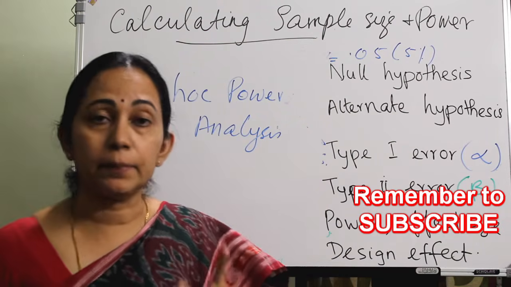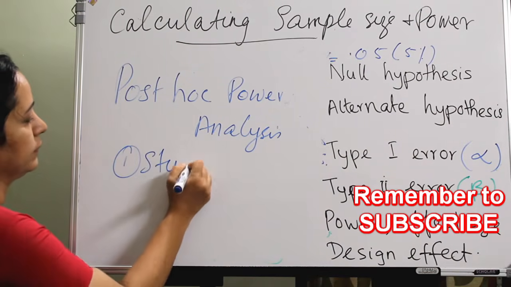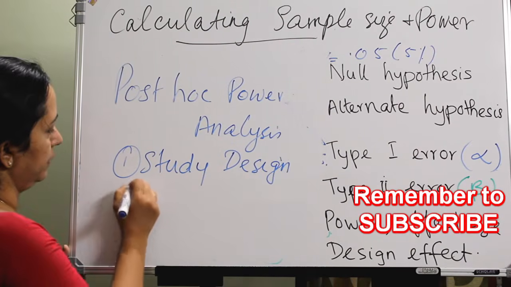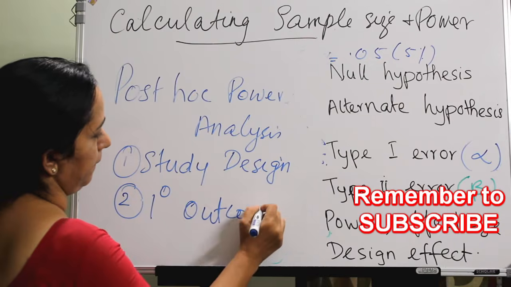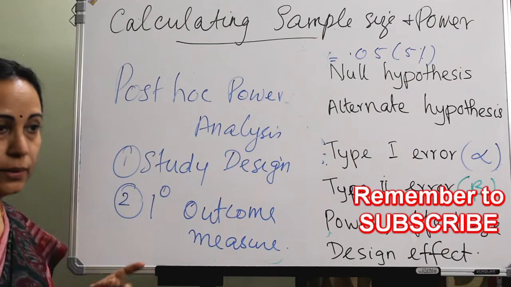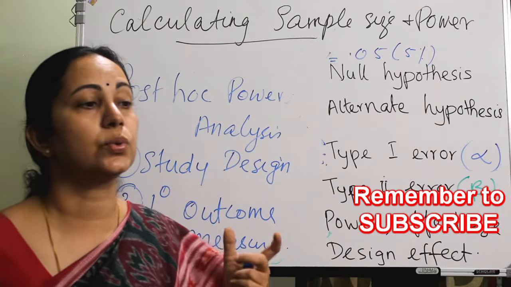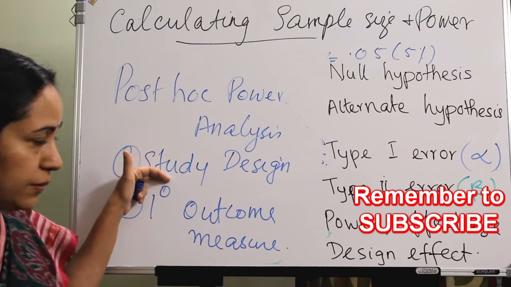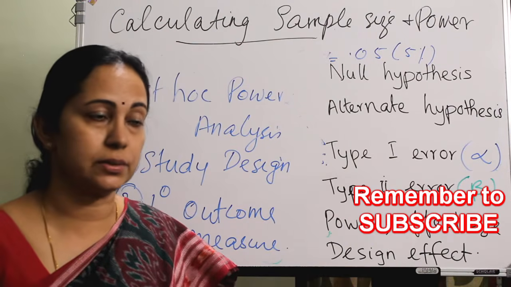And this sample size will vary depending upon your study design and the primary outcome measure. That means this sample size depends upon your research question and also it depends upon the primary objective. Okay, so the study design, if you are looking for estimating the mean, there is a formula for sample size estimation.